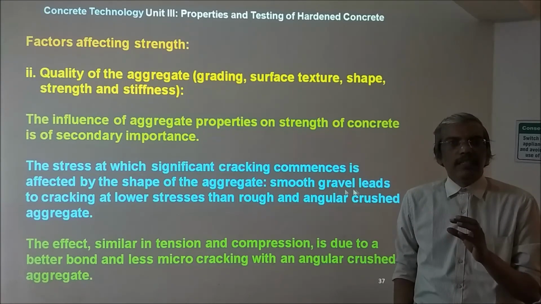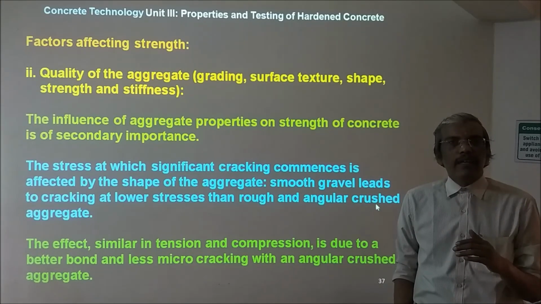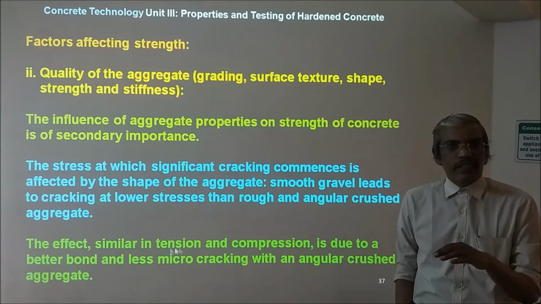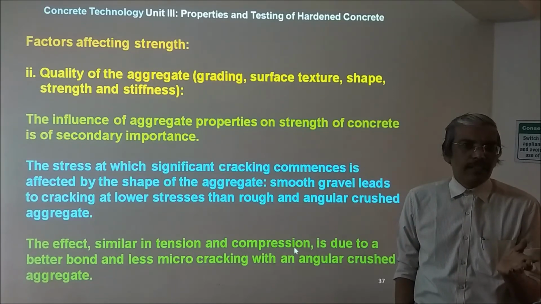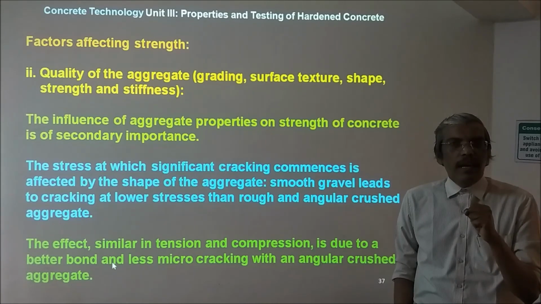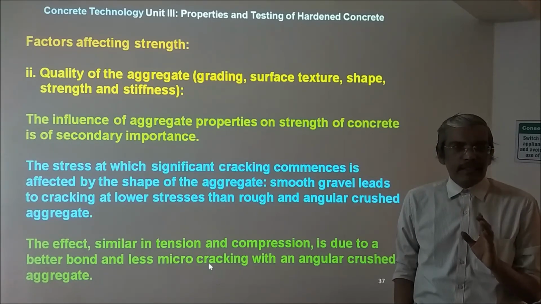Smooth gravel leads to cracking at lower stresses than the rough and angular crushed aggregate. The effect, similar in tension and compression, is due to a better bond and less micro cracking with an angular crushed aggregate.